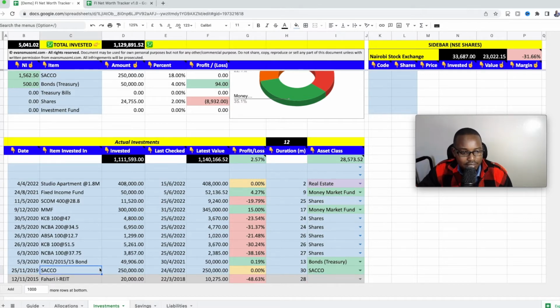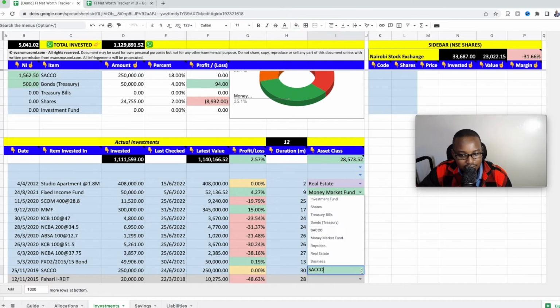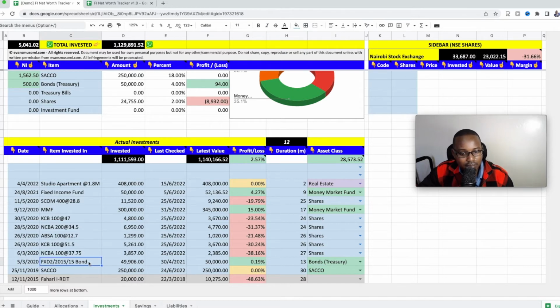So the other ones, he has some money in a Sacco that he started in 2019. The current value is this, and he selected Sacco just to make sure that it picks up in the correct category. He has some money in a bond, which is similar, and then he has some money in shares, quite a number of bank shares.